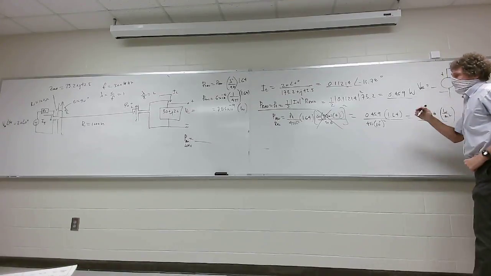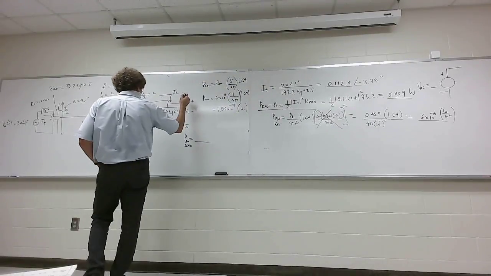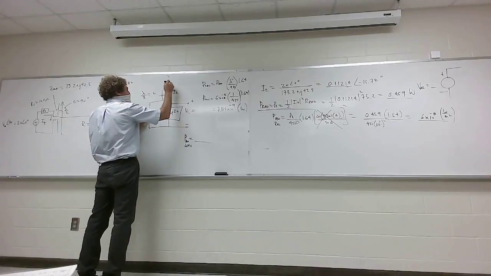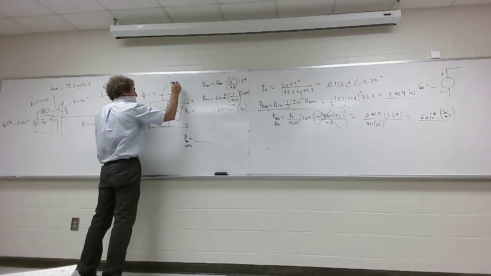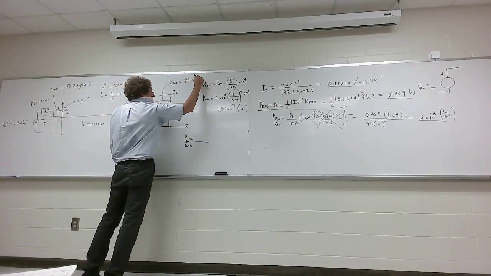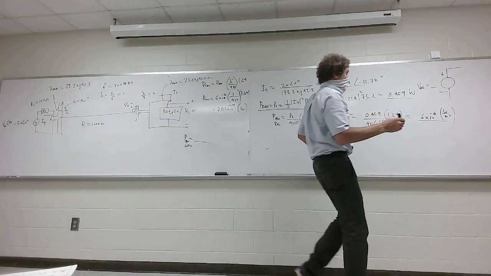And there's going to be Z of the antenna. I'm trying to make these two the same. So the actual antenna impedance of the receiving antenna is the same as the transmitting, or it's 73.2 plus J 42.5 ohms. So I'll go ahead and do that.